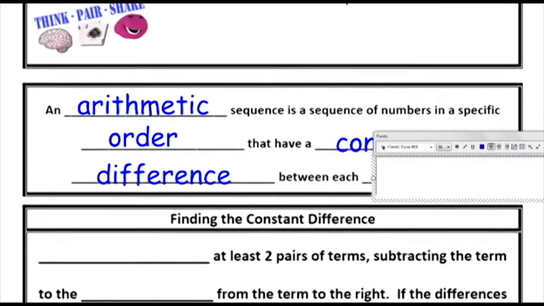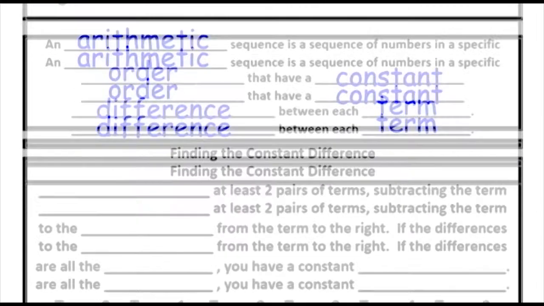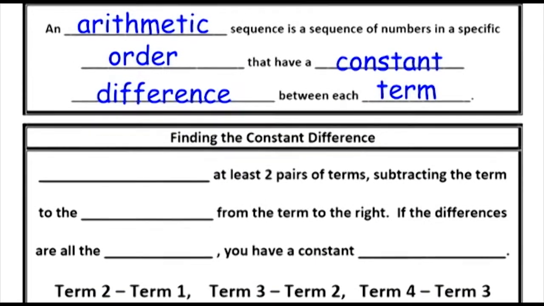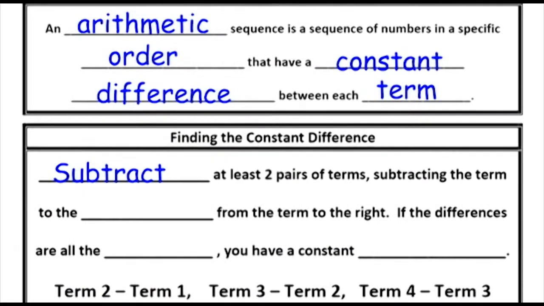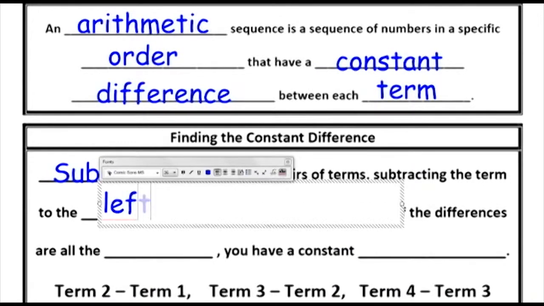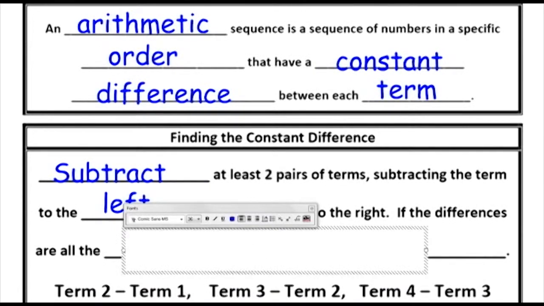Now the term is just a value in the order of the sequence. In order to find that constant difference, you're going to subtract at least 2 pairs of terms, subtracting the left term from the right term. The differences are all the same. If the differences are all the same, you have a constant difference.